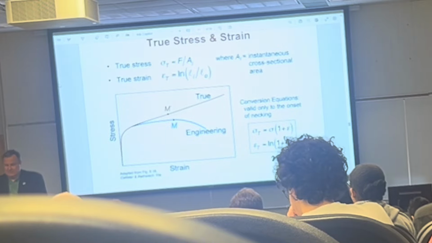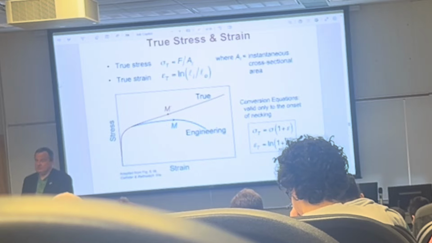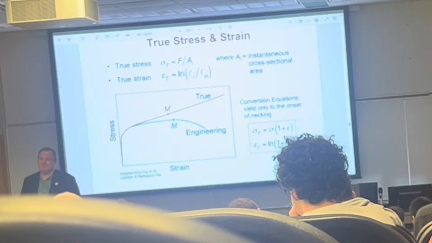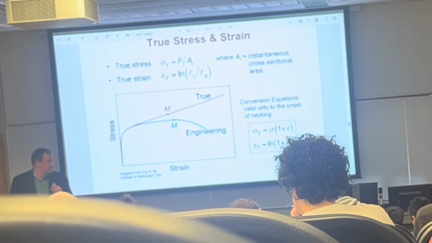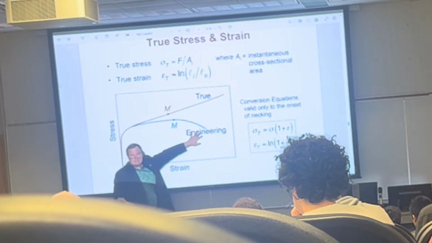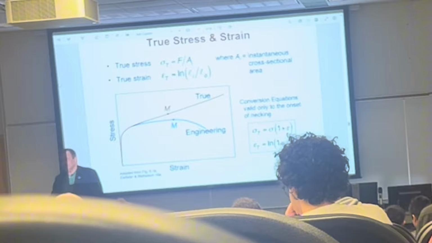But because of the Poisson's effect, the cross-sectional area is reducing as we're stretching it. This becomes even more important past certain events, especially if there's necking. We assume that the curve goes down, that the stress goes down, but the stress actually doesn't go down because we're not calculating it correctly. That is why it's called engineering stress and strain.